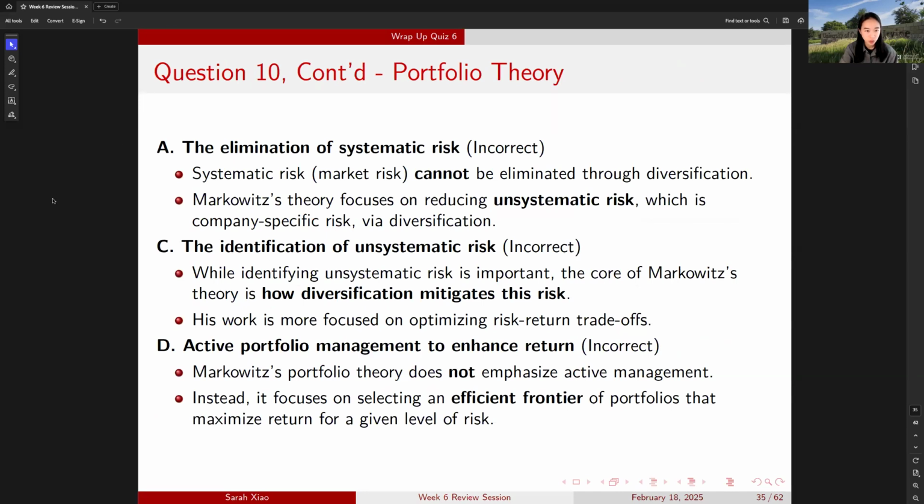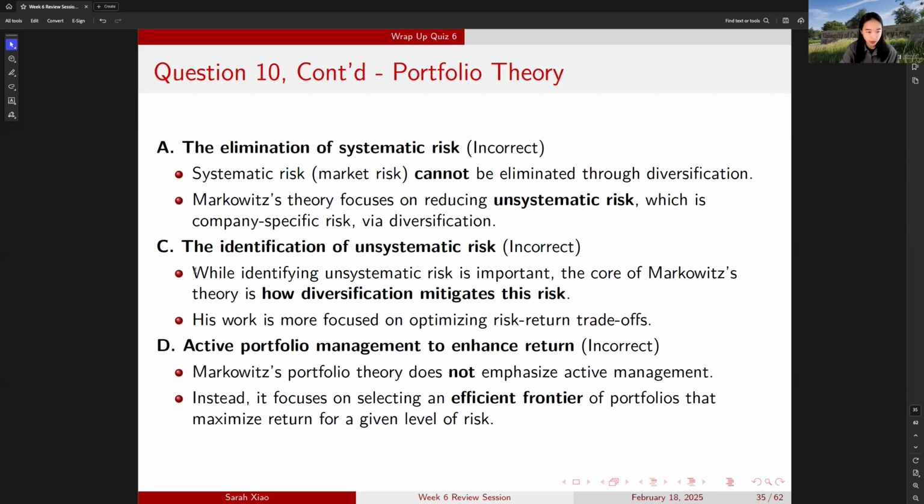Next, why the other options are incorrect. So for option A, we discussed before that systematic risk cannot be eliminated through diversification. And Markowitz theory focuses on reducing the unsystematic risk instead.